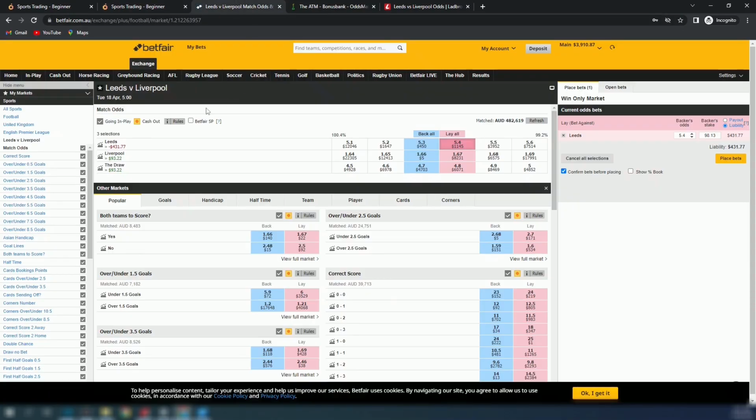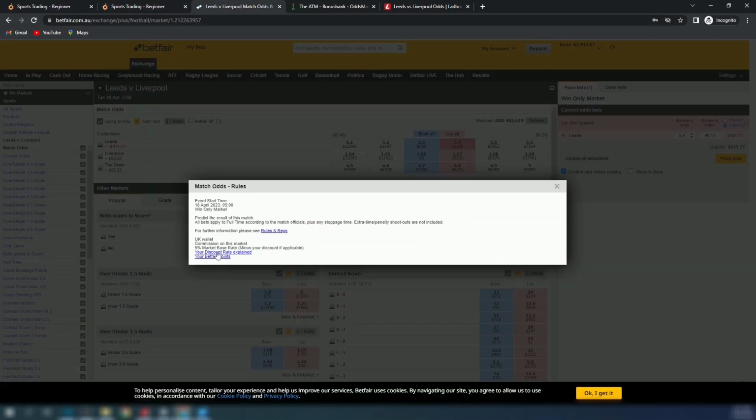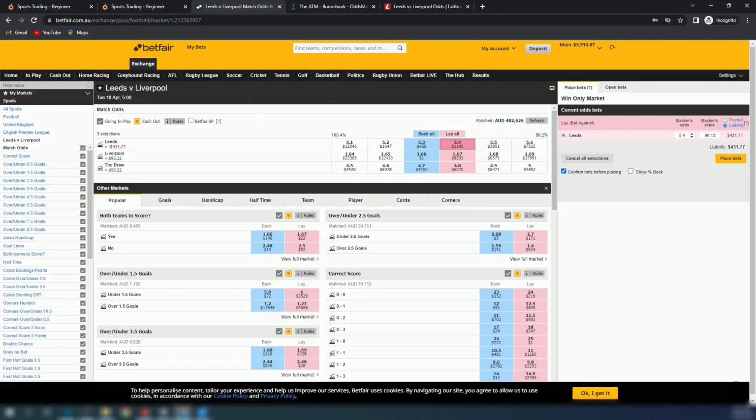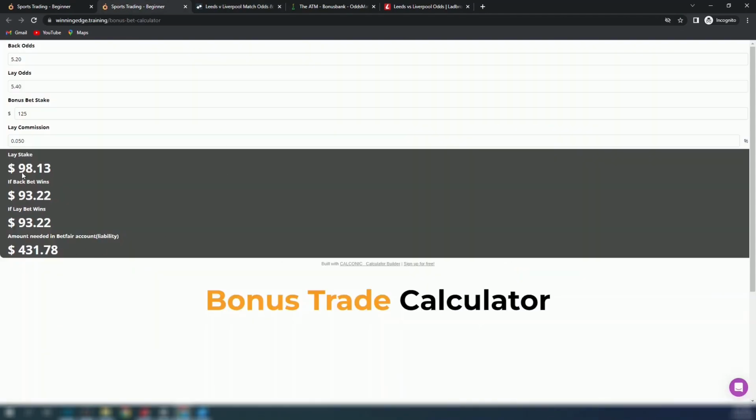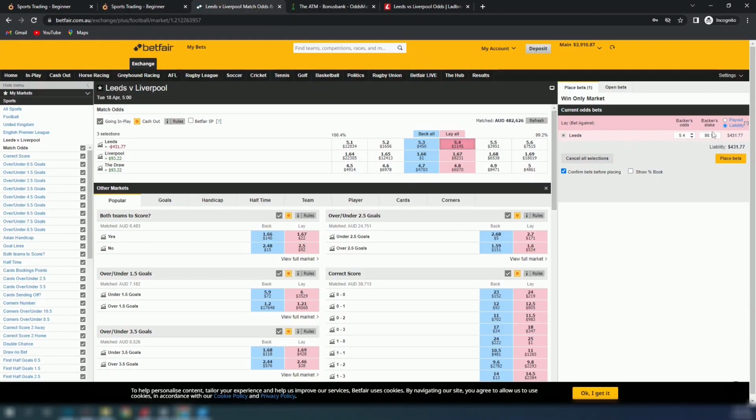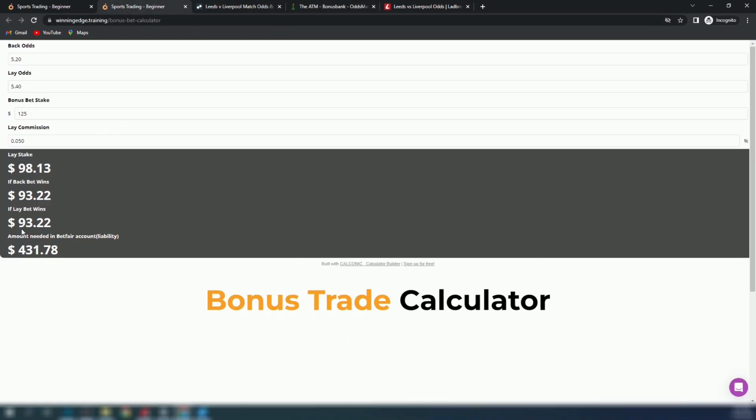And we'll double check the commission. Check that our lay stake is correct. In this case, it's $98.13. And then we'll check our liability. Make sure it's the same as on the Betfair bet slip.